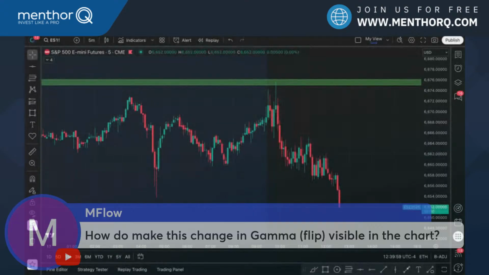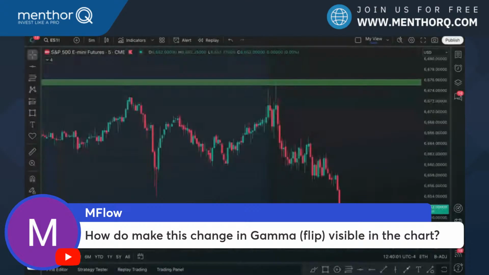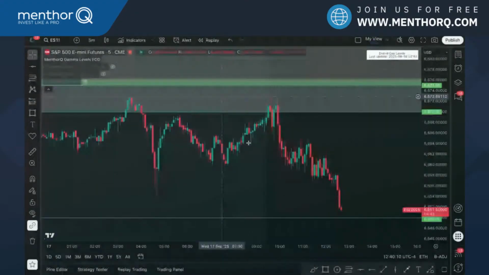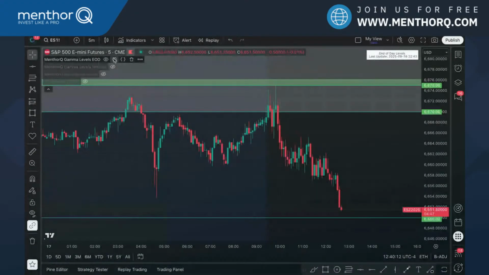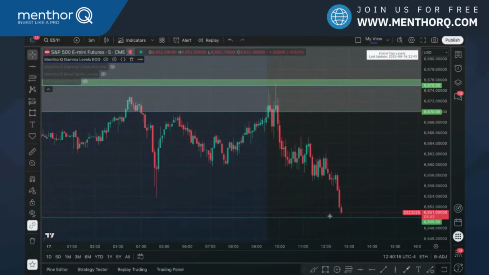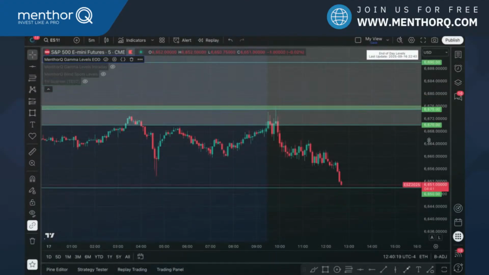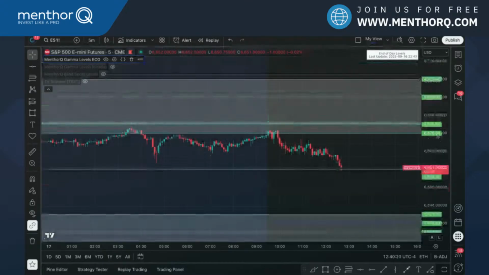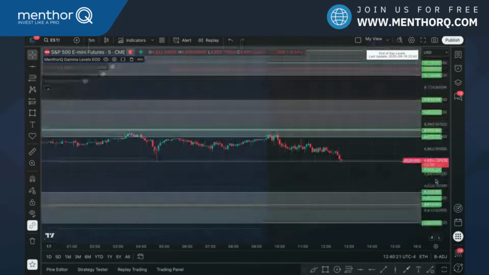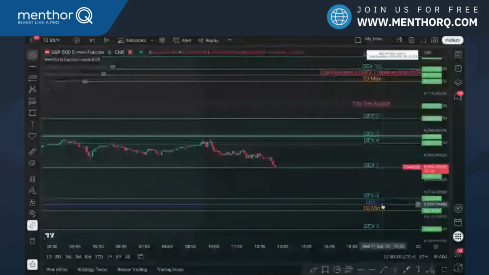Another question: how do you see the gamma flip visible in the chart? If you open up our indicator, always monitor the high vol level, or high vol level 0 DTE, which is here. This level right here is what we call the gamma flip point.